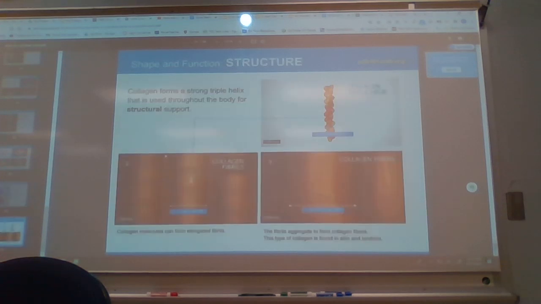And the last function is structure. So all your cytoskeleton is made out of protein, collagen fibers, these are what make your skin elastic, right? So all kinds of proteins that help to actually build your structures inside your cell and therefore in your tissues and your body.